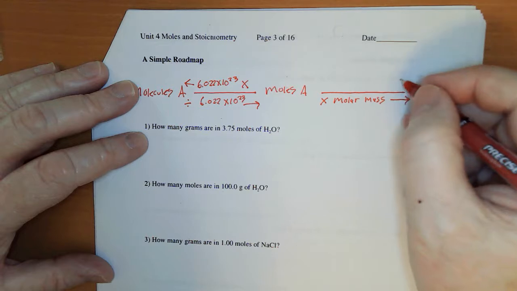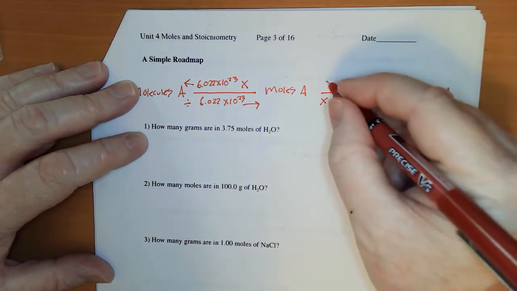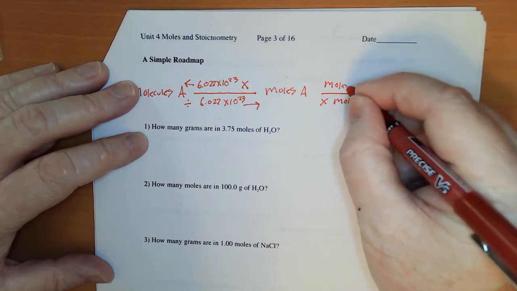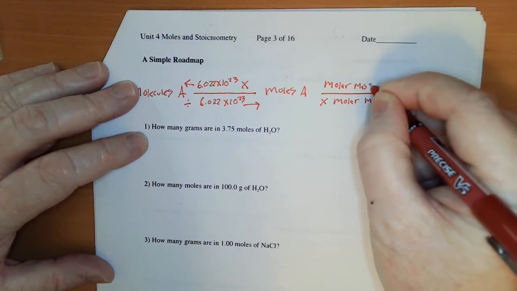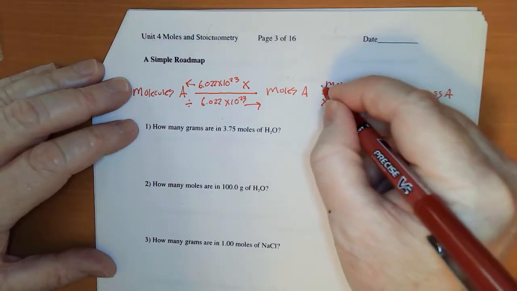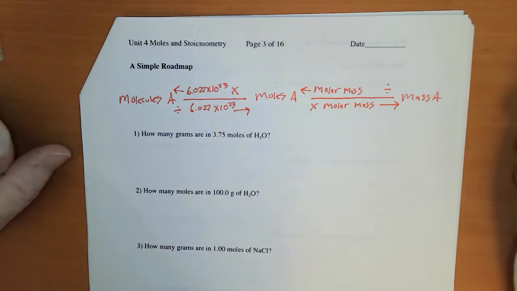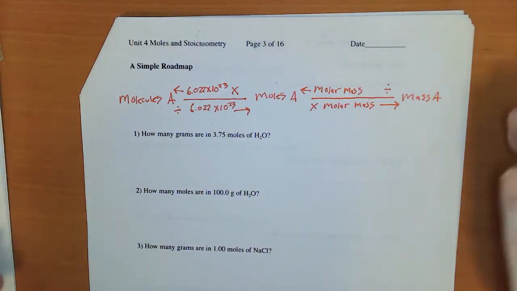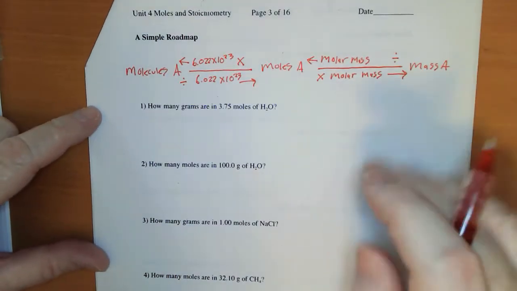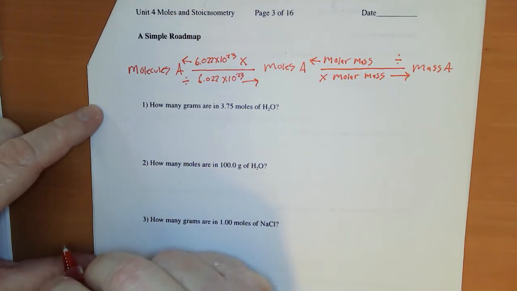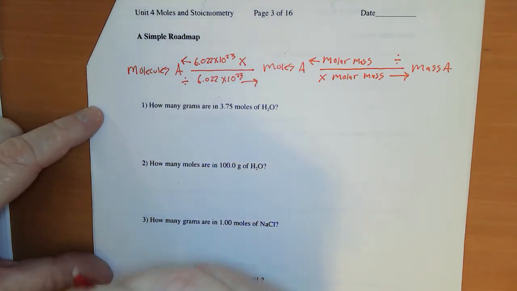And to go from mass to moles, we divide by the molar mass. All right, that is a nice, straightforward graphic organizer at the top of this page for as we're doing these problems. Okay, so let's start off with how many grams are in 3.75 moles of water.